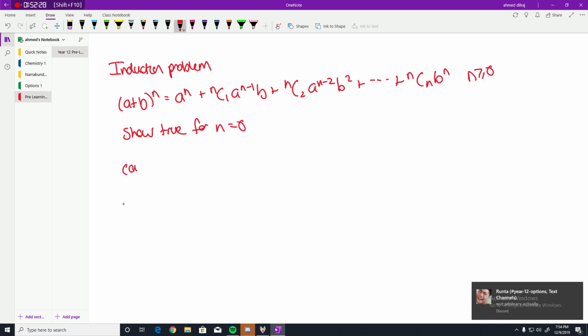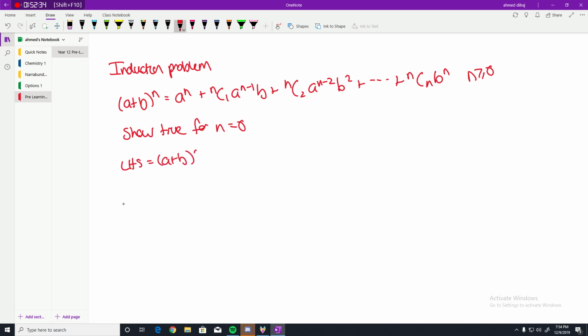So we get a to the 0, which is equal to 1. And our right hand side is also equal to 1 because that becomes a to the 0 and the rest of them become 0, right? So we can see that it's true for n is equal to 0.